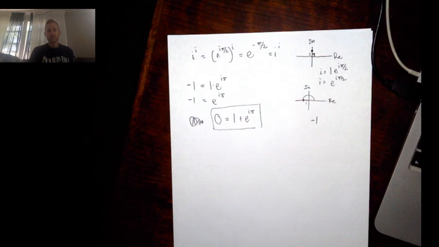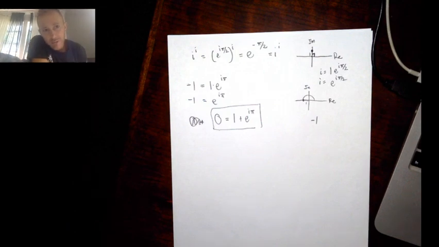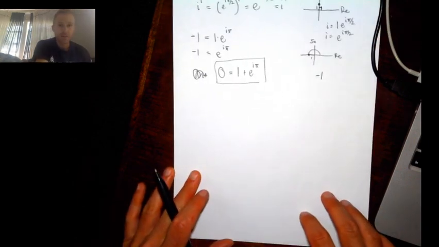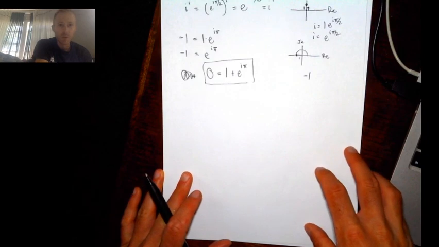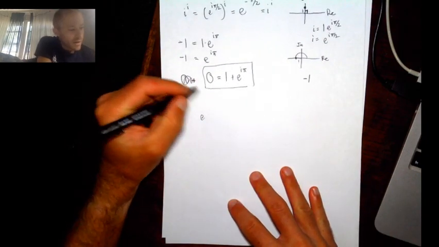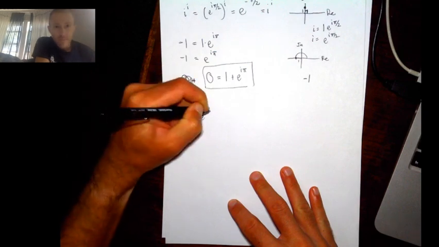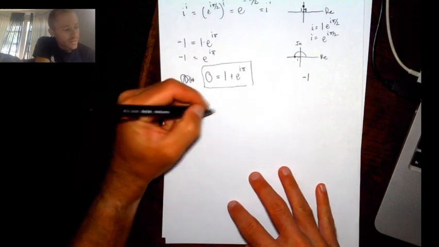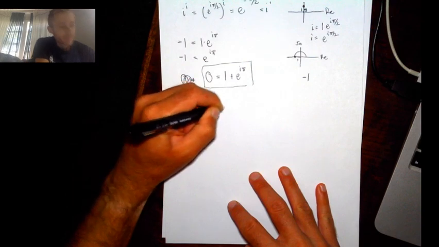Trying to think what else I can show you. I can prove angle addition formulas using complex numbers. Watch this. Check this out. What if I take e to the i theta 1 times e to the i theta 2?